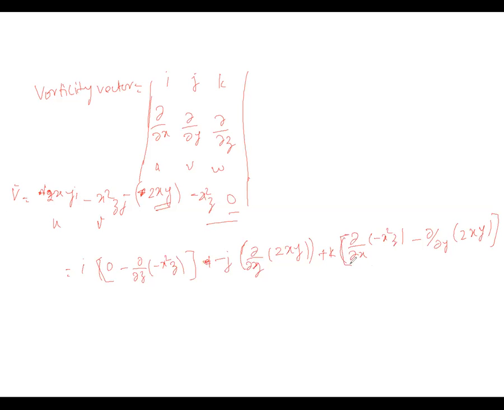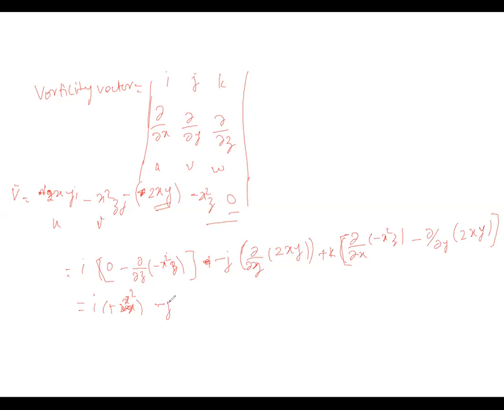So this is the vorticity vector. For the i component, differentiating with respect to z, minus into minus gives plus x square.